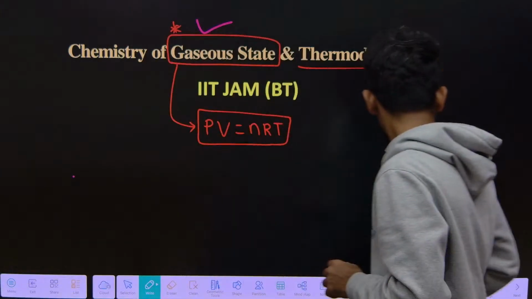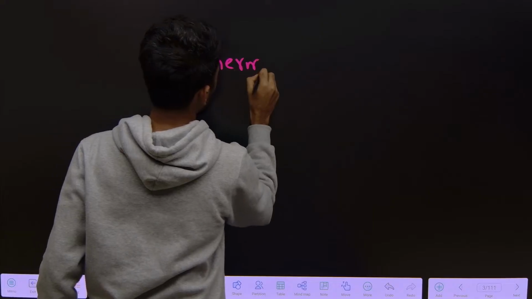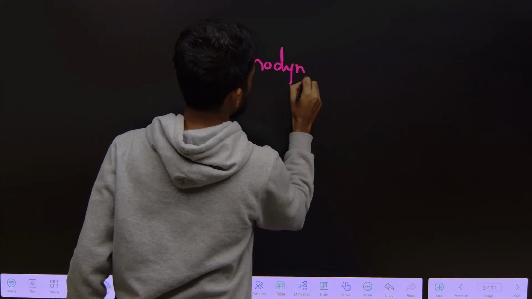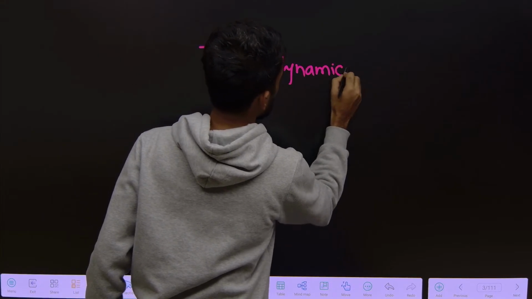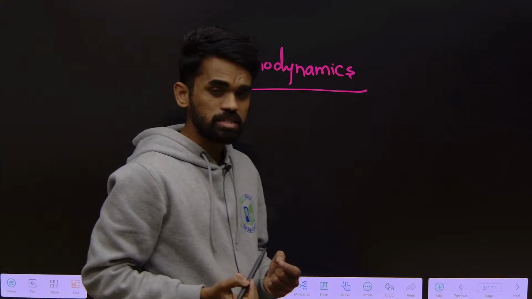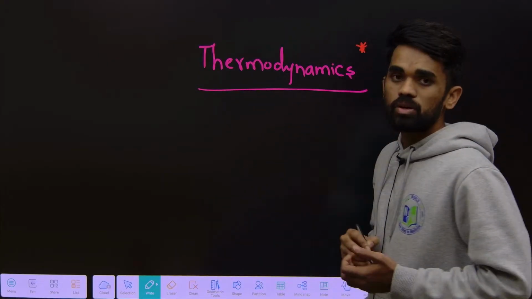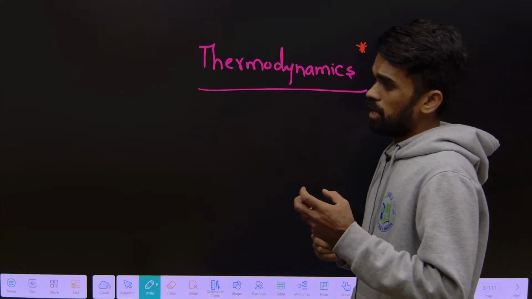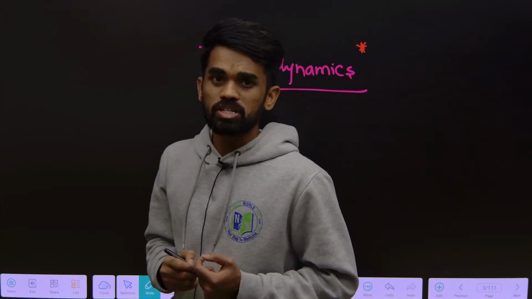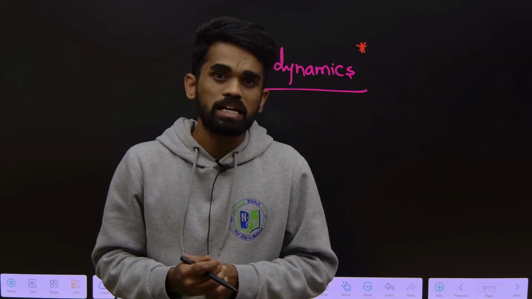So today we will be beginning our discussion on thermodynamics. In this chapter, if you observe the previous year questions, you can expect one question from thermodynamics, because we will be discussing chemical reactions where some heat energy is associated with the reactions.